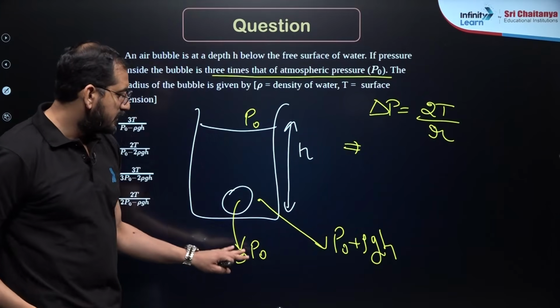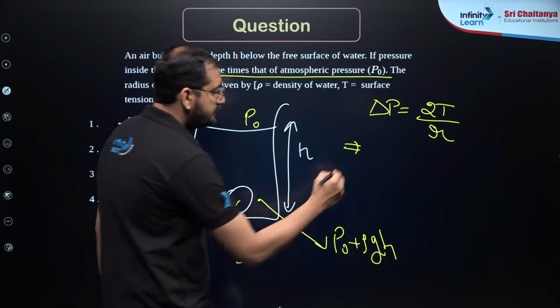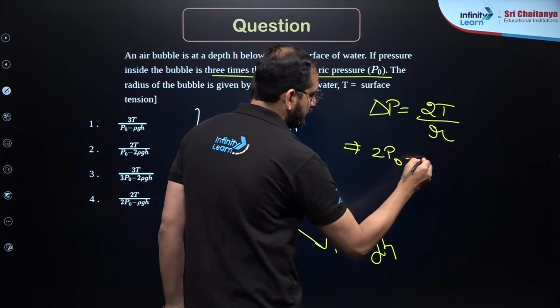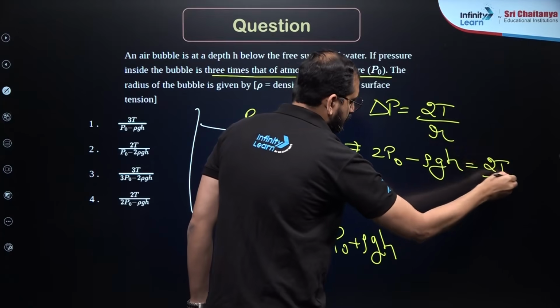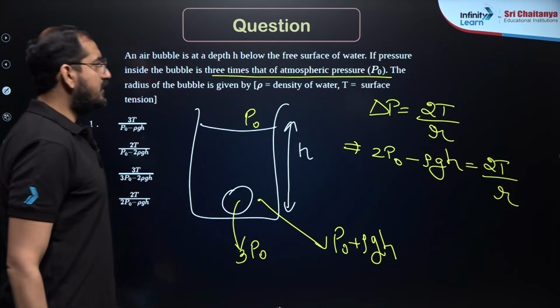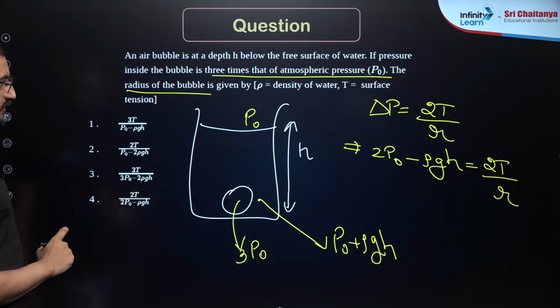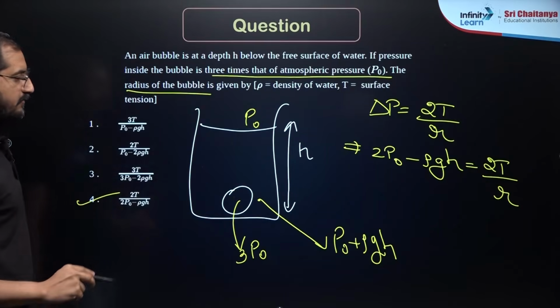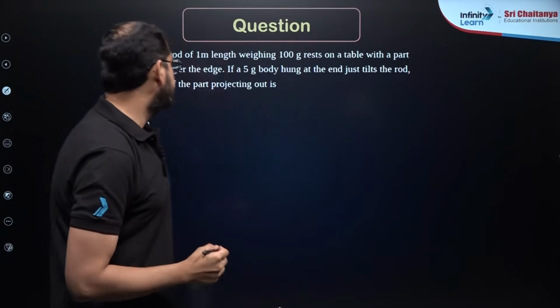Subtract both of them, this value minus that value. You will get 2P naught minus rho GH. I want to calculate R, the radius of the bubble, so cross multiply, and let's see. The fourth option is the perfect fit. Alright student, let's move on to our next question.